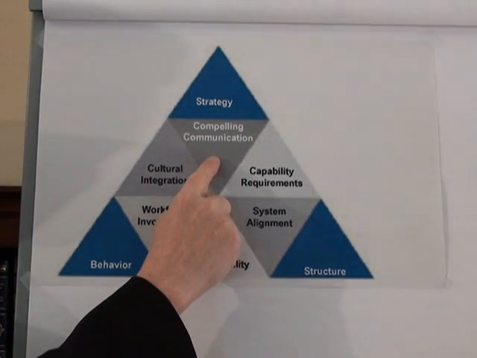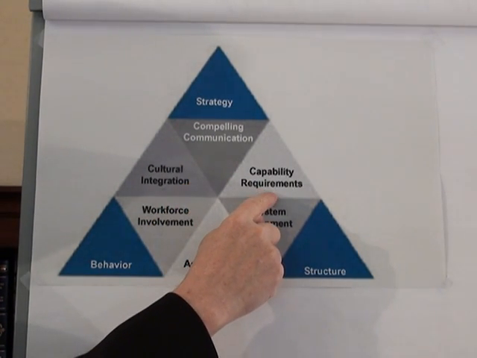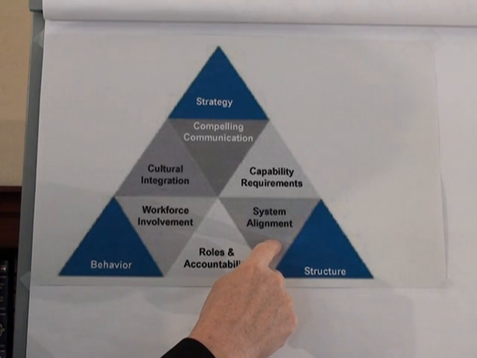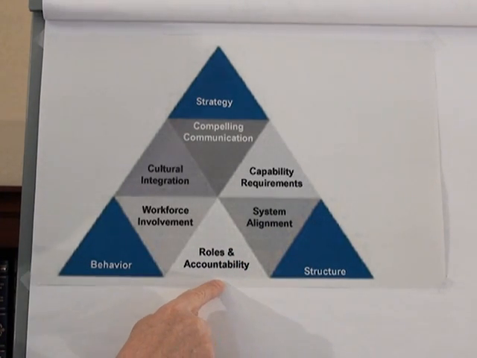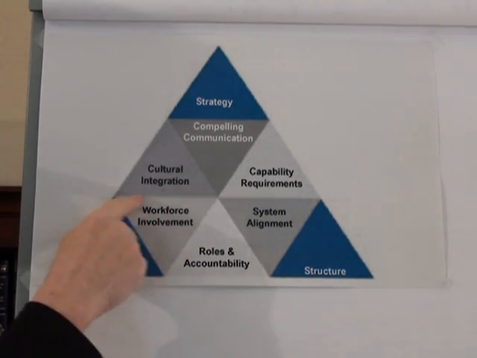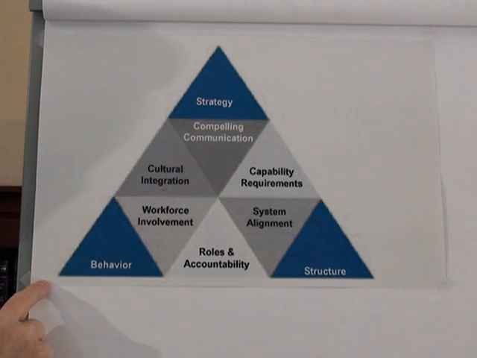Starting at the top: compelling communication, capability requirements, system alignment, are the systems aligned with the strategy we're trying to accomplish, roles and accountability, workforce involvement, which is a huge piece in the buy-in, and cultural integration, how it fits into the culture that we have here. These are the different change elements that are important to assess and then address appropriately to make sure we've handled those in the change initiative.